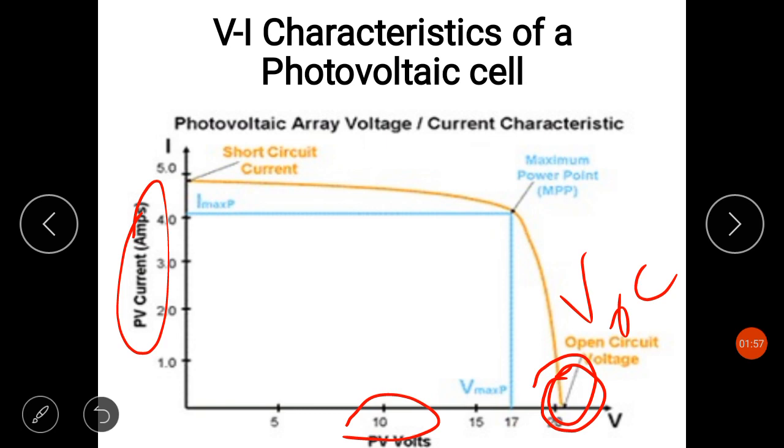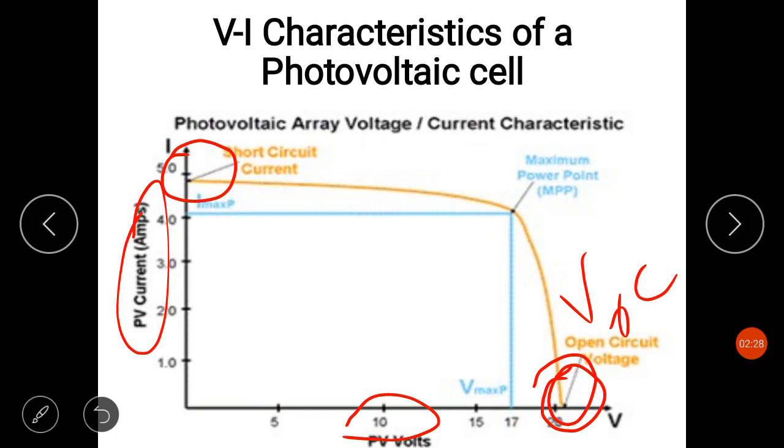At the other extreme, when the solar cell is short circuited, meaning a wire or a load is connected across the P and N type of the solar cell, that is the positive and negative leads connected together, the voltage across the cell is at its minimum, that is 0, but the current flowing out of the cell reaches its maximum, known as the solar cell short circuit current, or ISC.